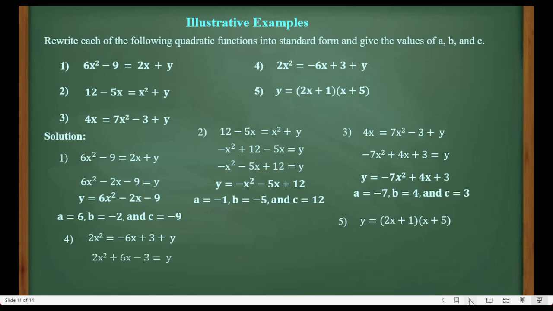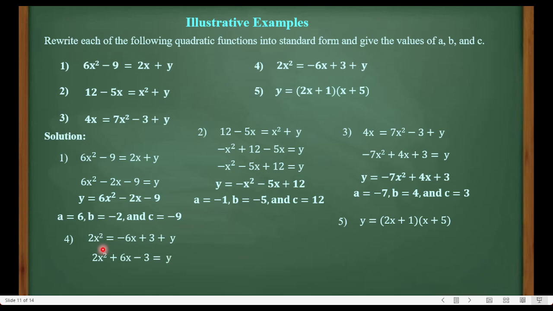Now for number 4, transpose these two terms to the other side and arrange the three terms in proper order. Okay, the first term should be quadratic and the last term is constant term. And on this side, we only have y.